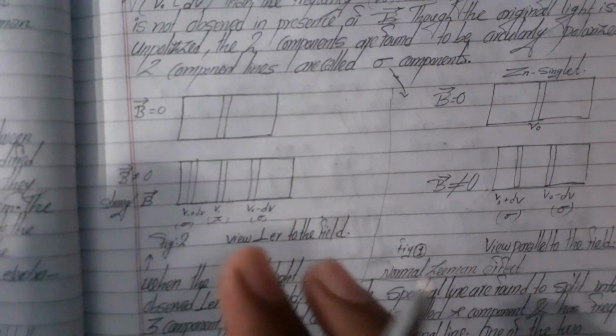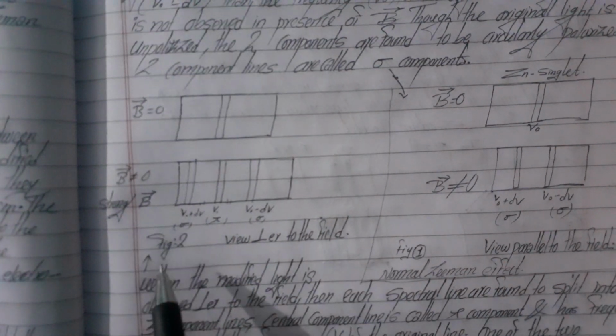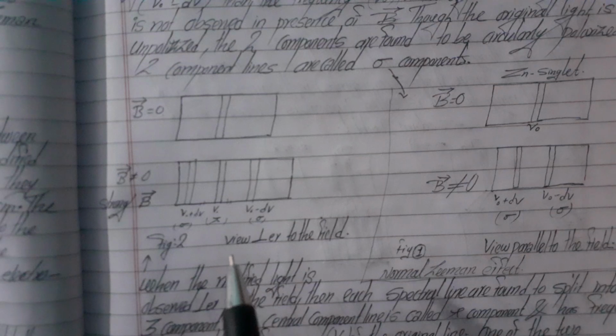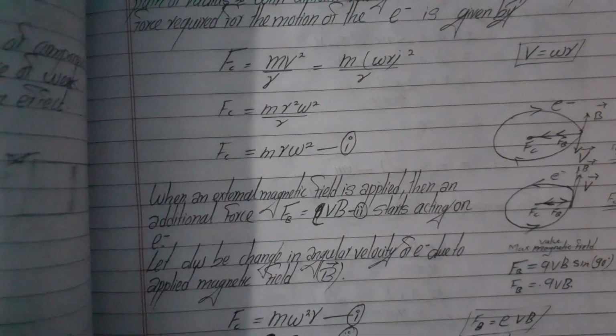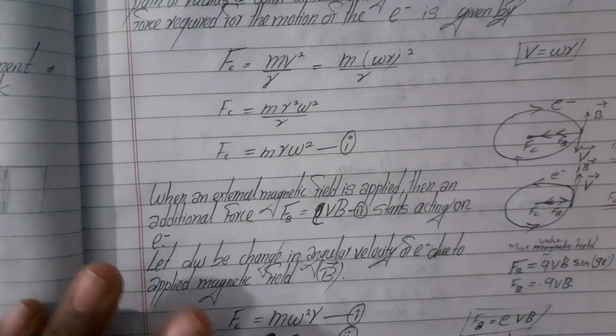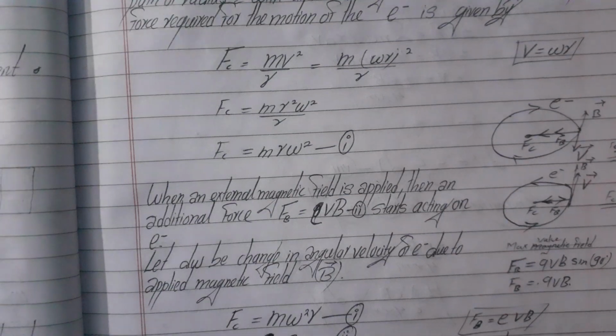And here in the normal Zeeman effect, we apply a strong magnetic field, but in the anomalous Zeeman effect we have to apply a weak external magnetic field.